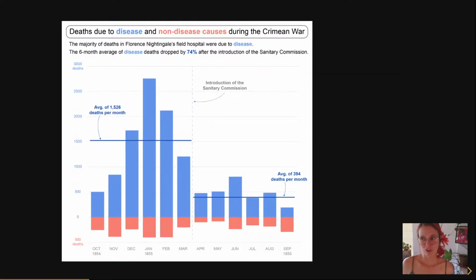And there also, this is, I got this image from somebody else, I didn't do it, but there also are better forms to communicate this data. For example, preventable diseases being on the top part of your axis, and the deaths from non-disease causes from the bottom, and then drawing an average, putting some annotations in there.